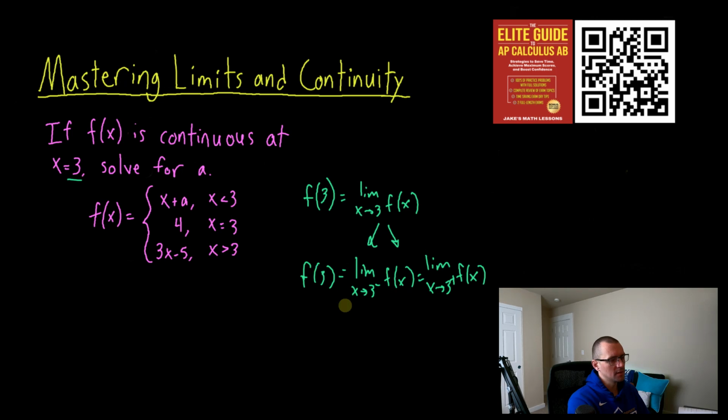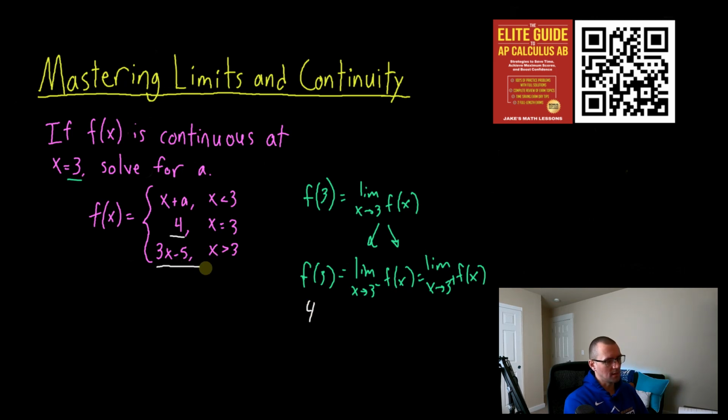We've been told that this function is continuous, so it's okay to assume that the right-sided limit and f of 3 already line up with each other. The right-sided limit is just a function of x, right? There's no a for us to solve for within the right-sided part of this piecewise function. So f of 3, we clearly see, is going to be 4.